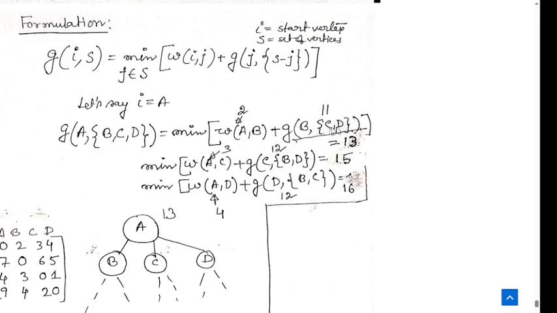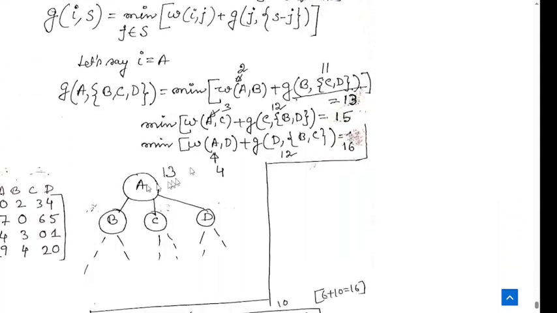This is the first function, for if it goes from A to B. The second function is if it goes from A to C. So W(A, C), whatever the cost is, plus g(C, {B, D}). And then finally, if it goes from A to D, then W(A, D) plus g(D, {B, C}).